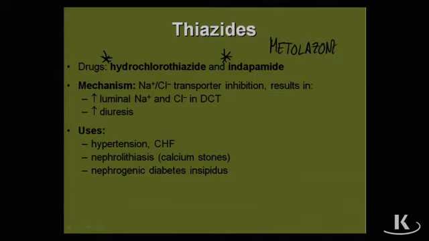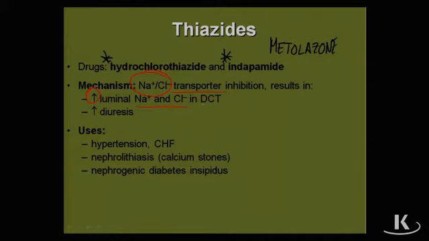These are just three of a group of drugs that of course encompasses many more members. They all share the same mechanism, and their mechanism is to classically block sodium chloride transport in the distal convoluted cell, thereby increasing luminal sodium and chloride and therefore causing diuresis.